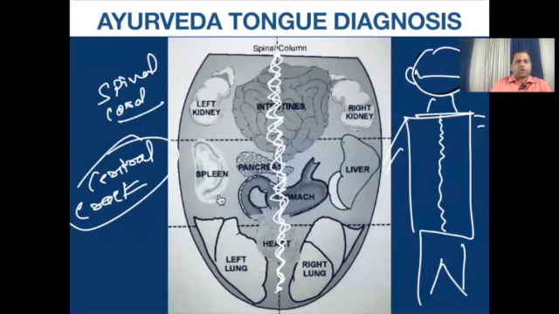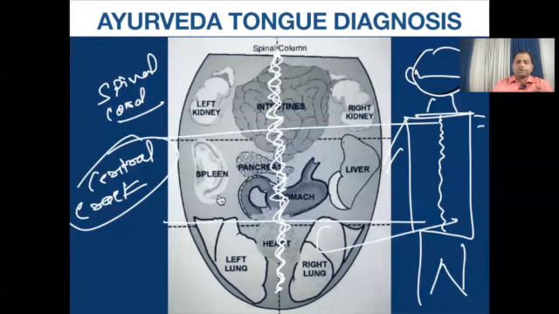So this is the spinal column, same as in the body. After locating the spinal column in the central part, now we will divide the tongue into three parts: right lung on the right side, left lung on the left side, liver on the right side, spleen on the left side, kidney on the right side, and the other kidney on the left side.